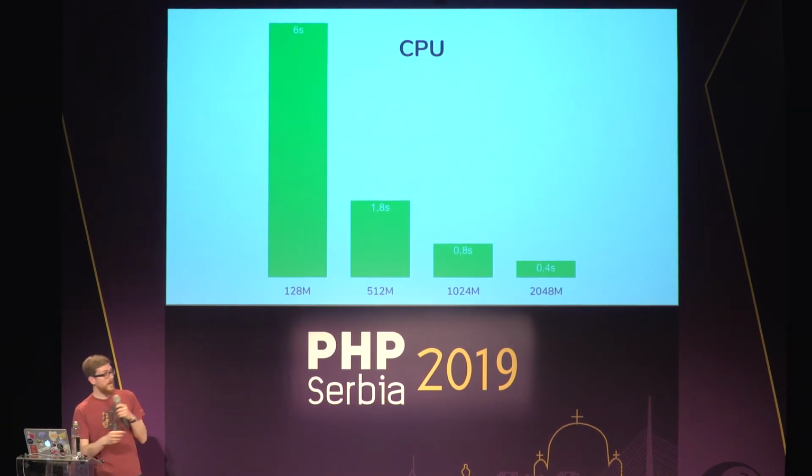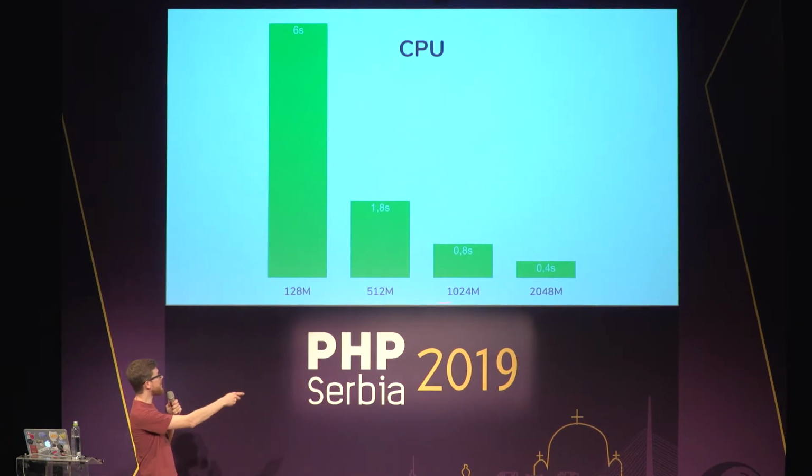Now, I mentioned the CPU power compared to the size of the Lambda. Here you can see it. You can see that the smallest Lambda is really, really slow. It's like 6 seconds to run bench.php. Bench.php is the script that Zeev mentioned this morning.